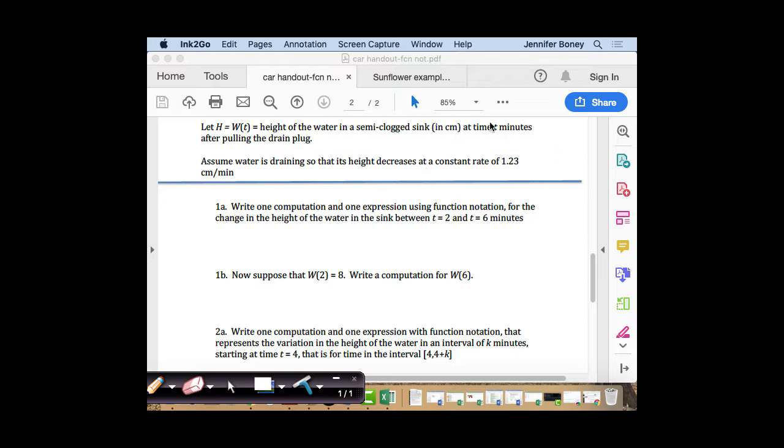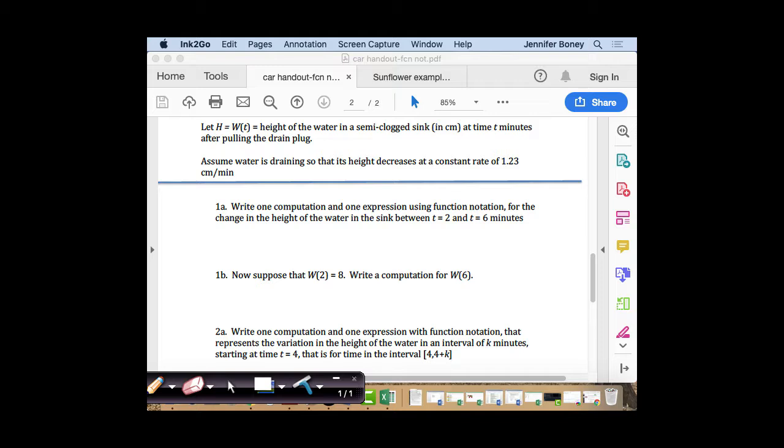The symbols here aren't y and x, though. We've got h and t. So dh equals 1.23 dt. If I wanted to express values of h, I can use W of something. Again, W is just the name of the function. W of something gives me values of h, the height of the water.